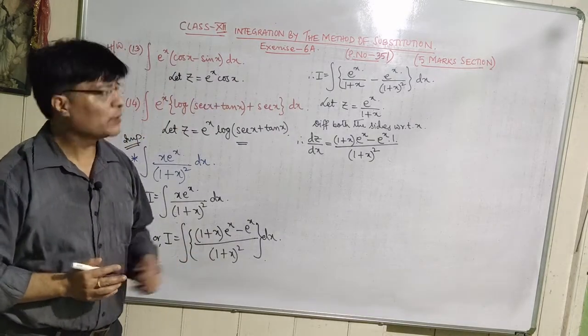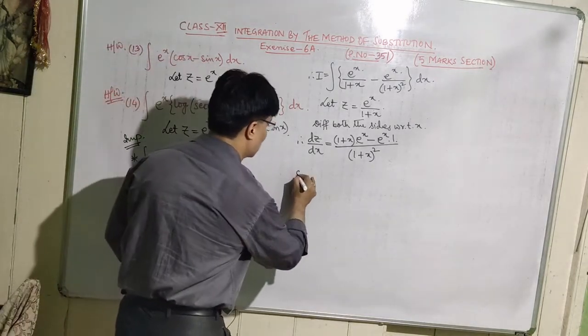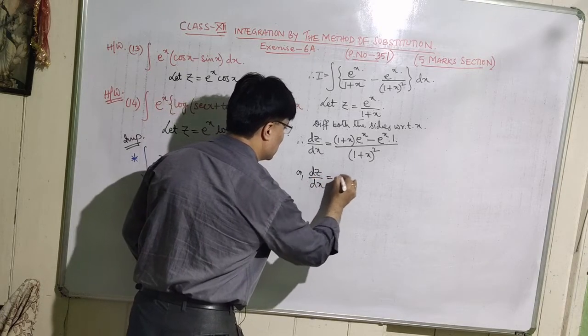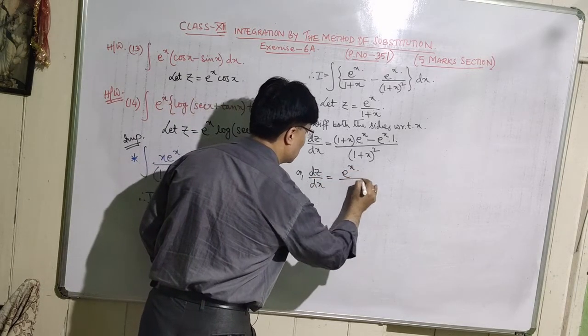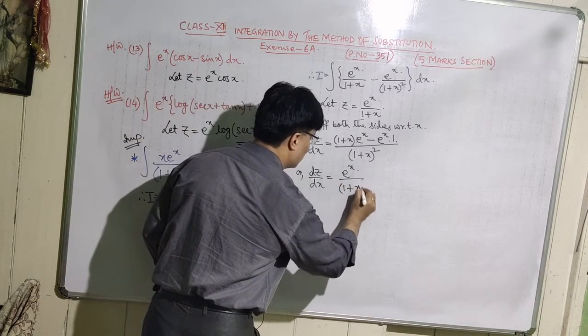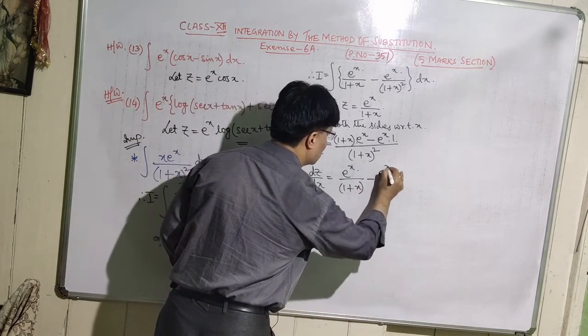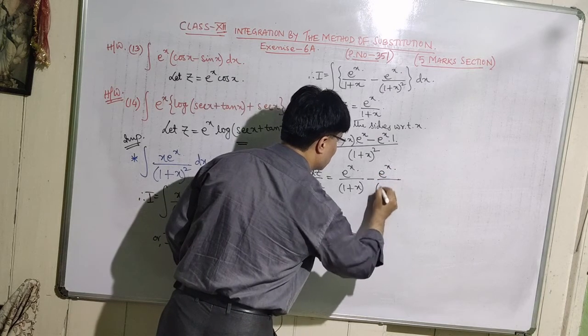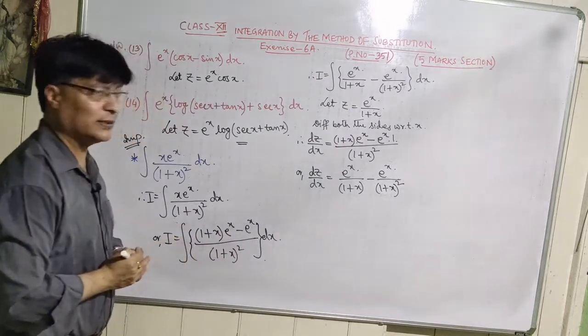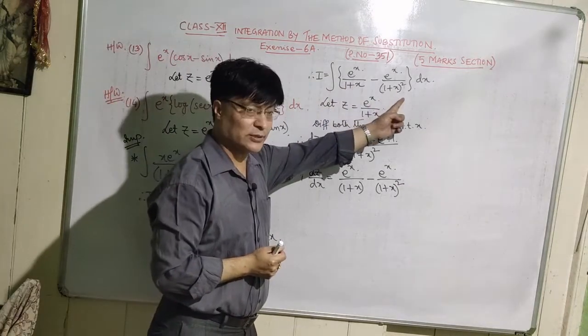So this is u by v rule. Is that clear? So now let us separate the term here again. So dz by dx is equal to, after separating the term, we get e to the power x divided by 1 plus x minus e to the power x divided by 1 plus x whole square. That means we are getting this expression, isn't it?